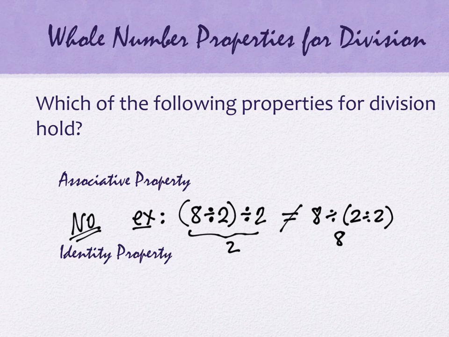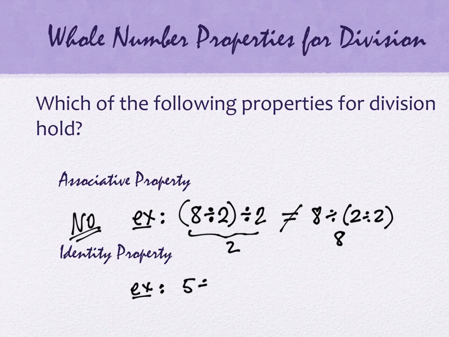How about the identity property? What was our identity element for multiplication? It was the number 1. The number 1 is the number we can multiply by, and it doesn't change a value. Will that work for division? Well, let's check. It would be the number 1, right? That's the likely candidate.